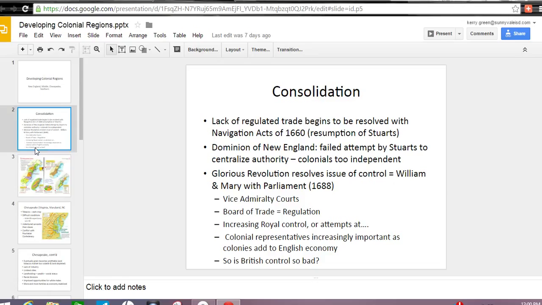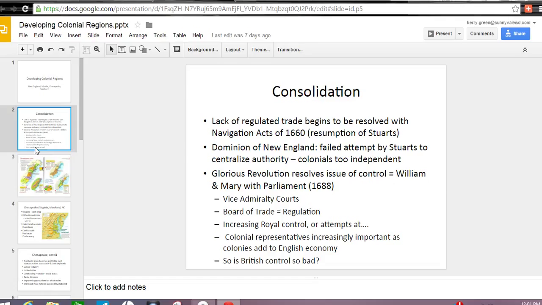So when William and Mary come in, we have the dust settling in England after really what has essentially been 50 years of chaos, right? Of who's in charge and different kings and all this conflict. So you finally begin to see that the crown starts to assert some attempt at organization, knowing that the Dominion of New England had failed under the Stuart monarchy.